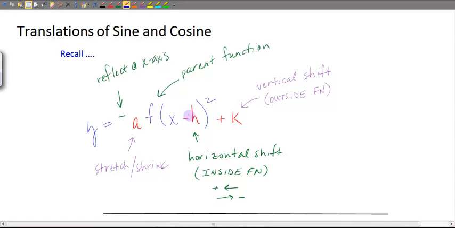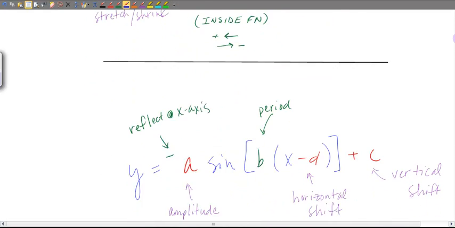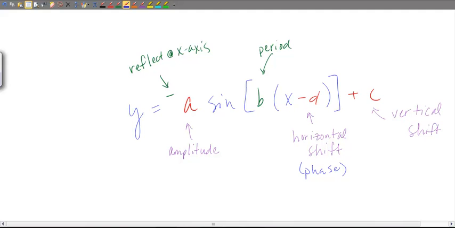So in this function, there would be a shift to the right, whatever that value was. The last thing we might remember is that if I'm adding a number to my function, then I had a vertical shift.